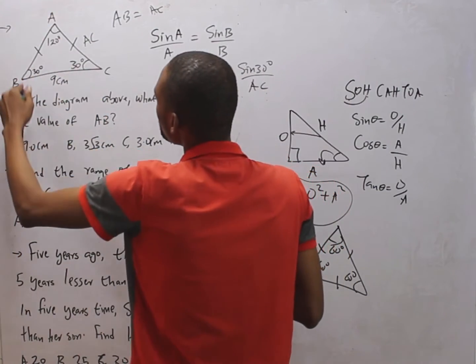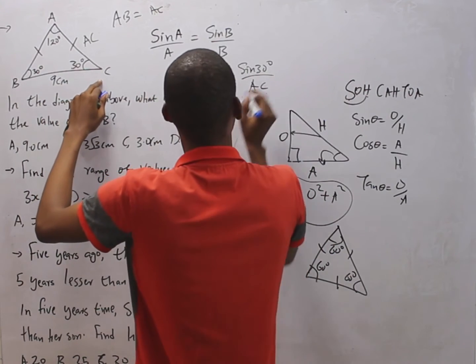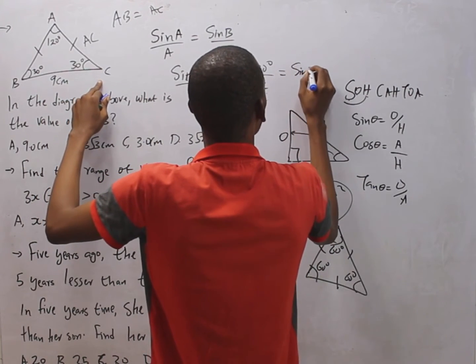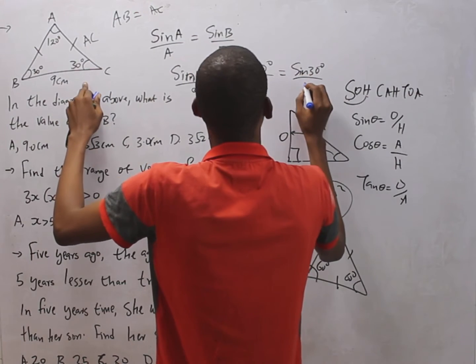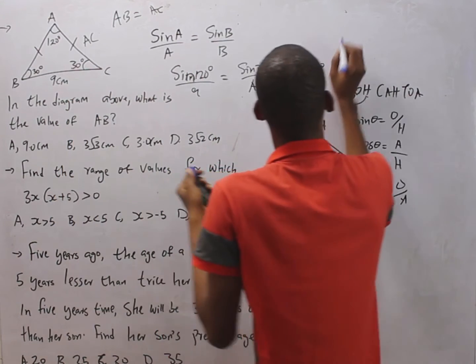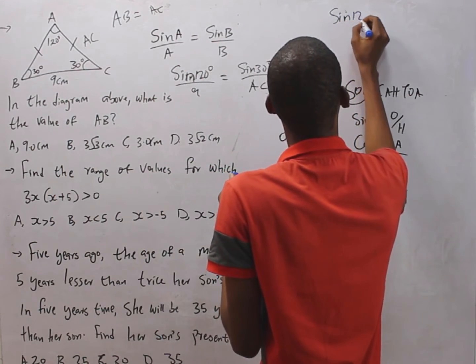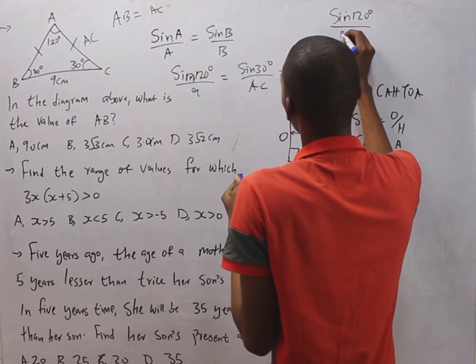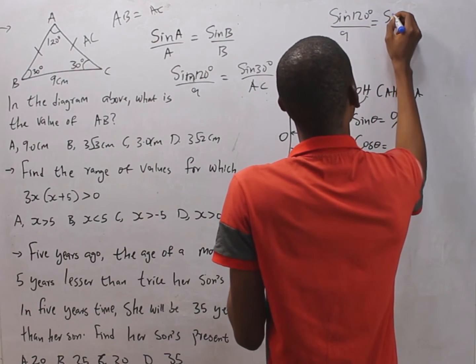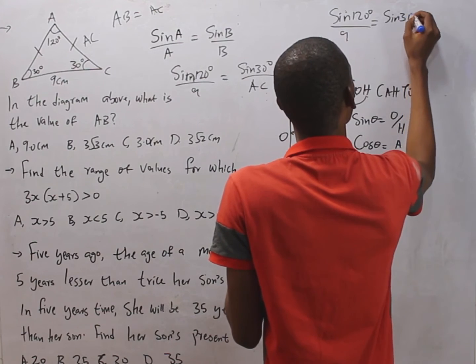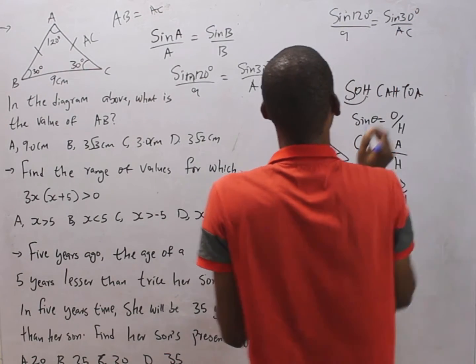So this is AB. So that is sine 30 degrees over AB equals sine 30 degrees over AB. So sine 120 degrees over 9 equals sine 30 degrees all over AC.